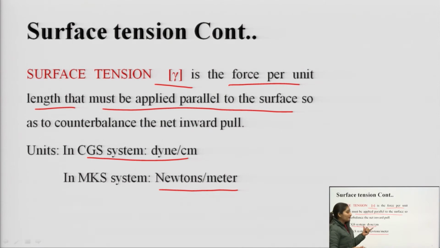The unit of surface tension in the CGS system is dyne per centimeter, and in the MKS system it is Newton per meter.